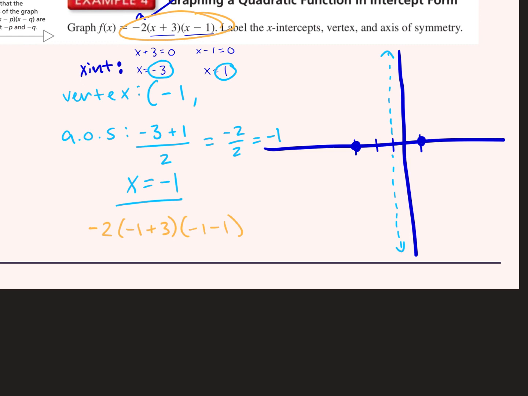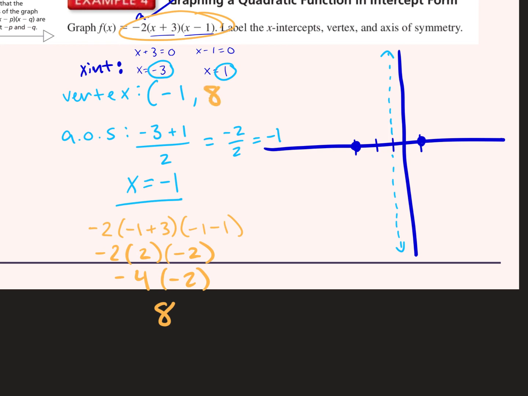So then we just solve. So I have negative 2 times 2 times negative 2. So here we're multiplying all three of these things together. So it's negative 2 times negative 2. Negative 2 times 2 would be negative 4. And then negative 4 times negative 2 would be positive 8.